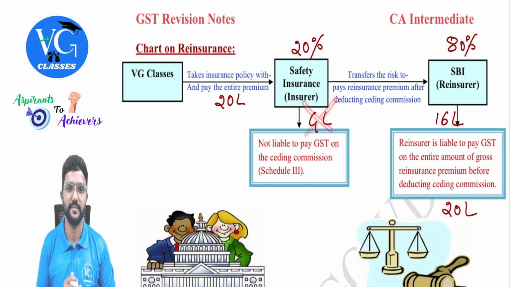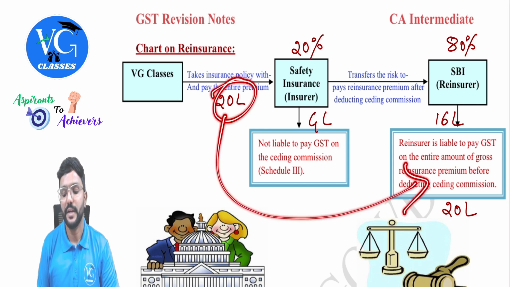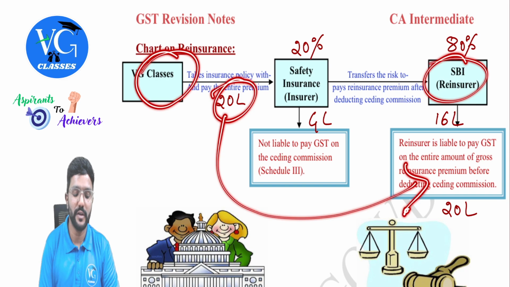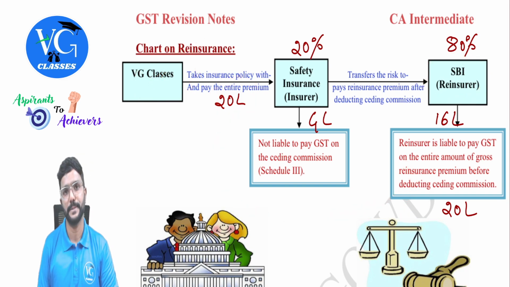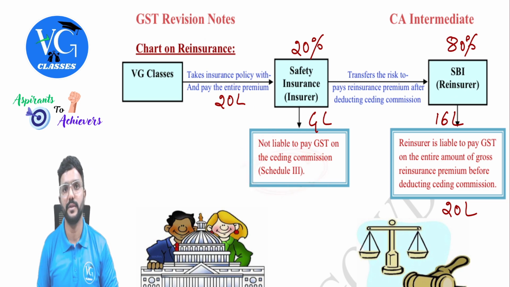You don't pay GST, because including this 4 lakh, GST is already paid by whom? The reinsurer. So on the entire 20 lakh the reinsurer is liable to pay GST, but that amount can be charged and collected by the reinsurer from whom? VG Classes. I have mentioned here: not liable to pay GST on the ceding commission as per Schedule 3.